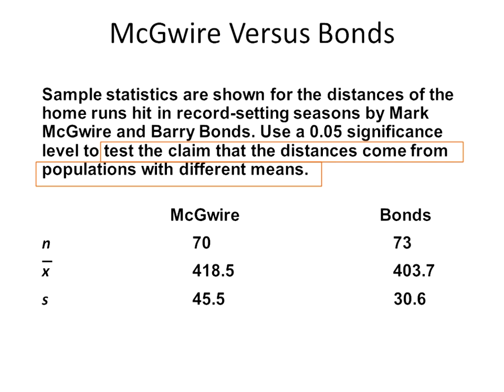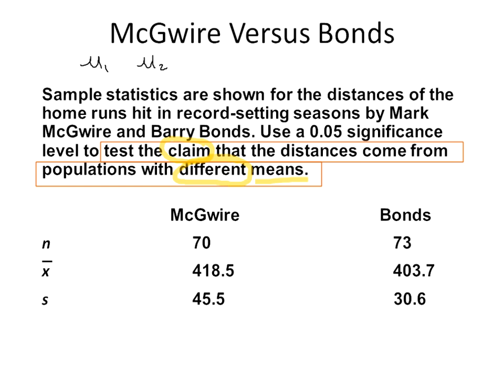We want to use a 0.05 significance level to test the claim that the distances come from populations with different means. So we're testing the claim that the distances come from populations with different means. So here's a very important word: different, they have different means. So it is the claim on the means. Anytime you see the word claim, anything that comes after it is a parameter. So here our parameters were mu1 and mu2.